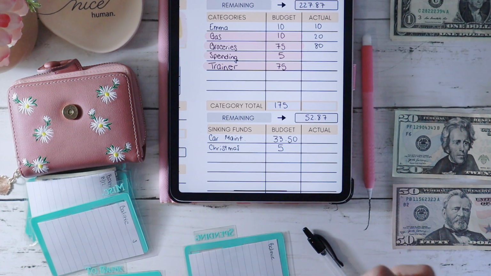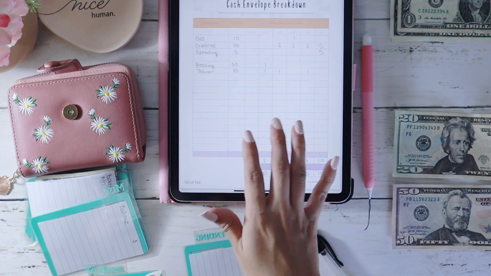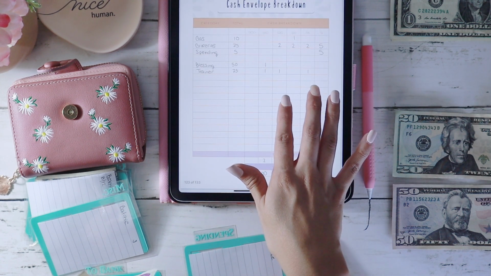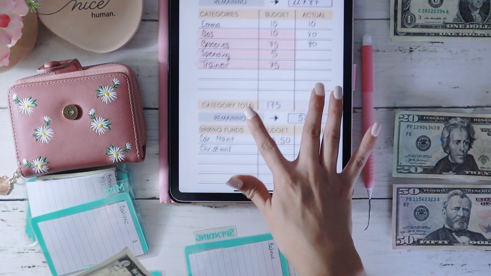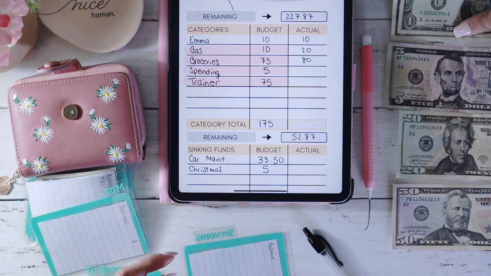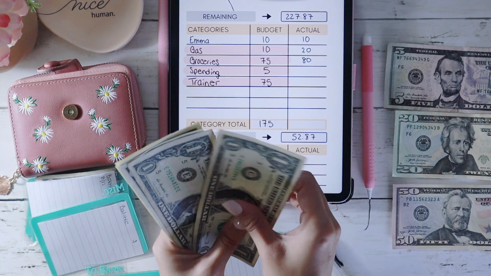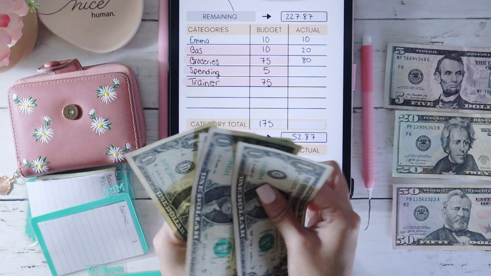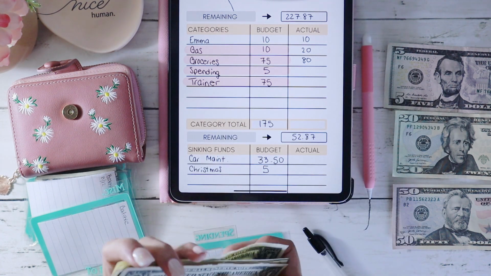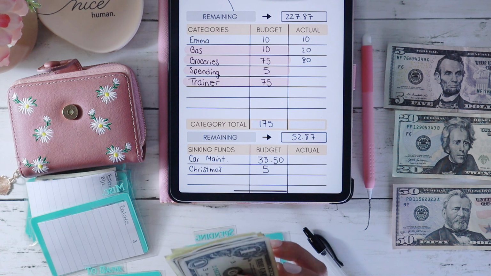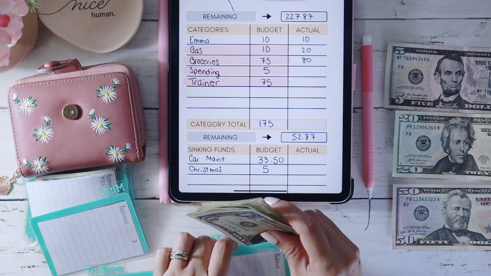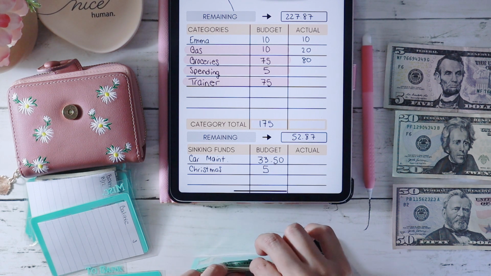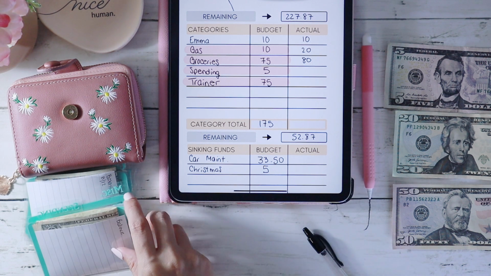I'm just gonna get a $5 bill. I believe it was just a $5 bill. Nope, 5 ones. Put that back. So we have 1, 2, 3, 4, and 5. If you hear my dog snoring in the background, I apologize.